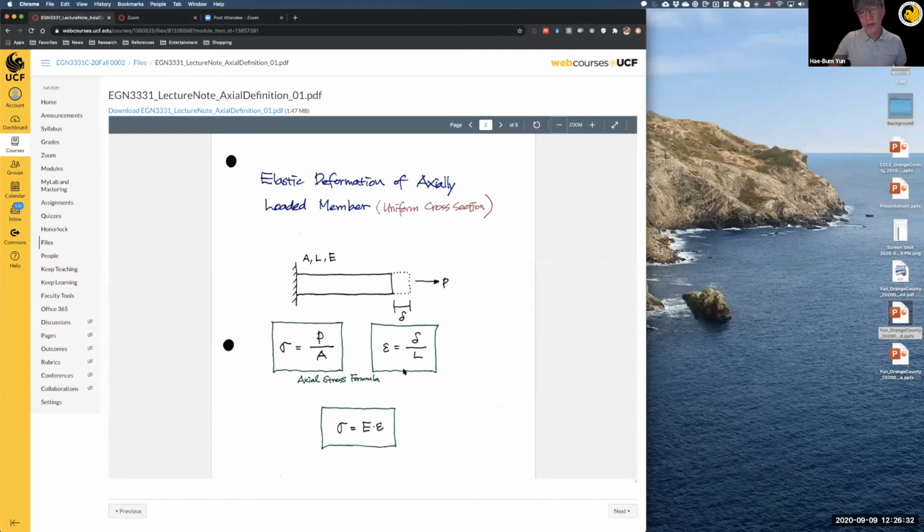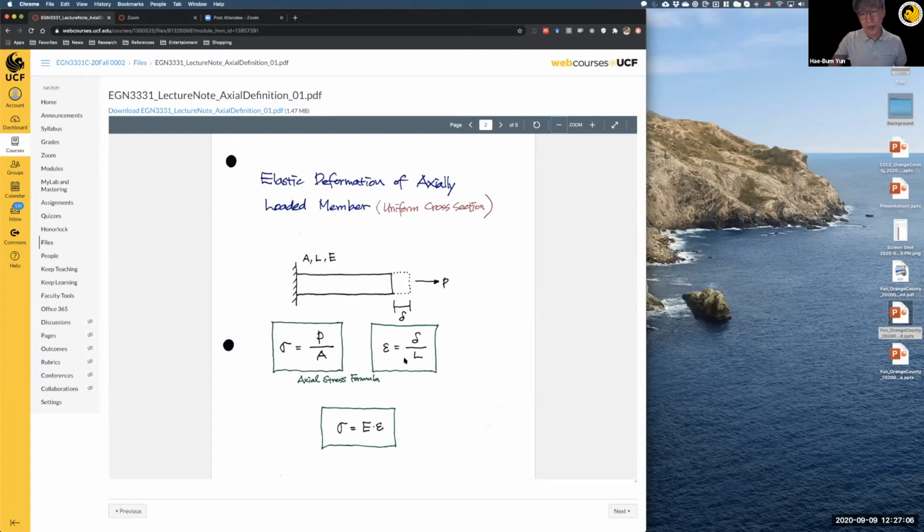And in chapter 3, we learned this relation: sigma is E epsilon, right? And E is Young's modulus. So now what we're going to do is use these three equations to calculate the elastic deformation, which is delta, right?